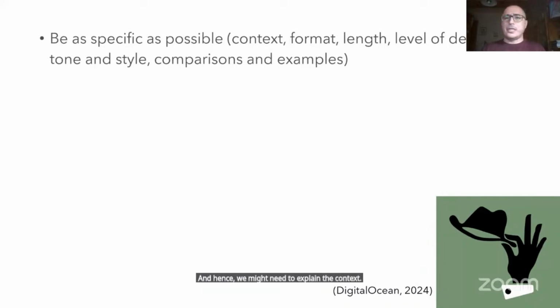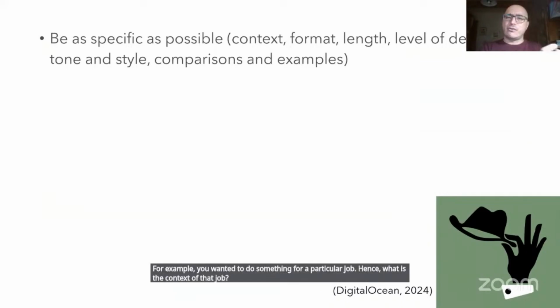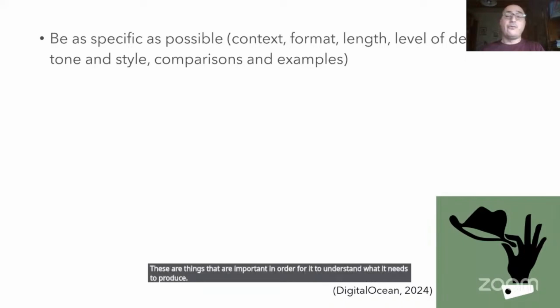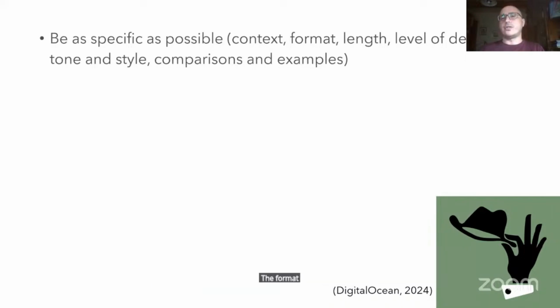For example, you wanted to do something for a particular job. Hence, what is the context of that job? Is it a company? What kind of company? What kind of role? These are things that are important in order for it to understand what it needs to produce. The format that you want it to generate.